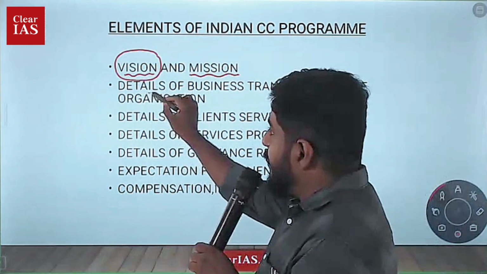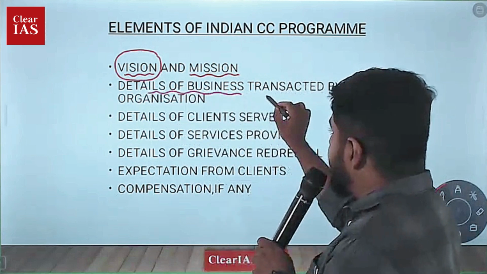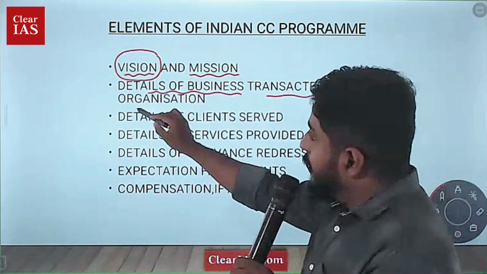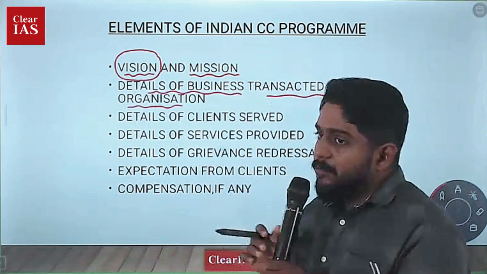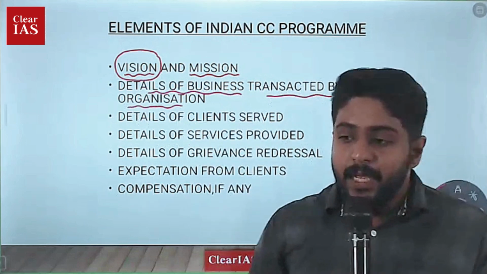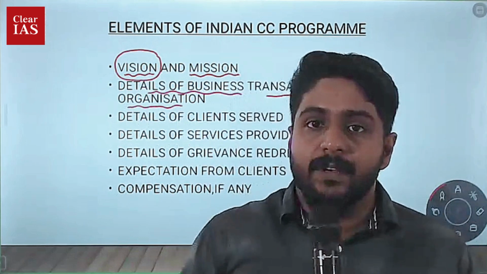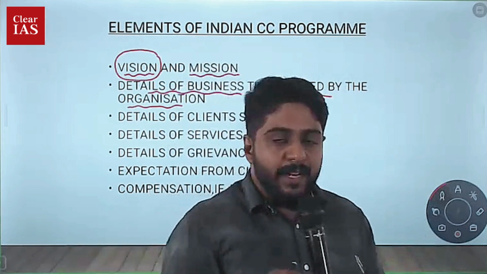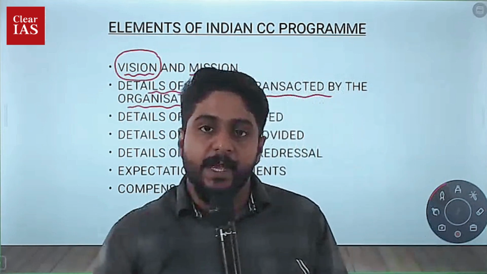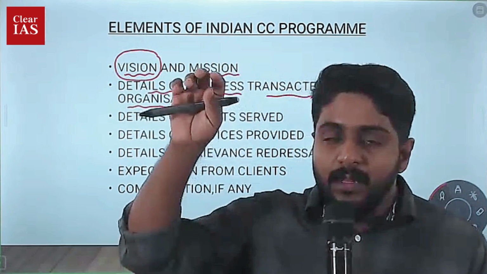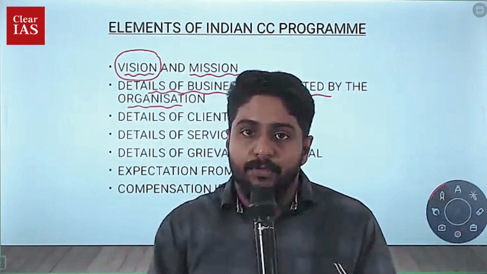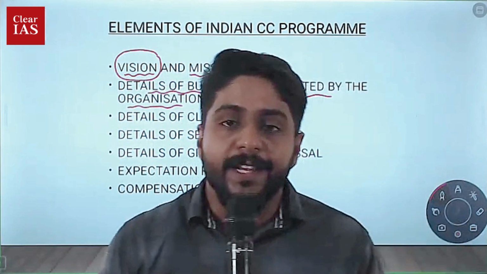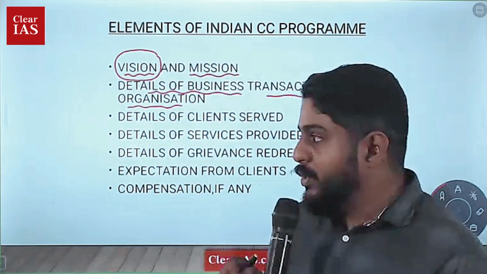The second one is the details of business transacted by the organization. We started with the India Post Citizens Charter, and in that Citizens Charter, CC, we understood the different kinds of services India Post provides, isn't it?